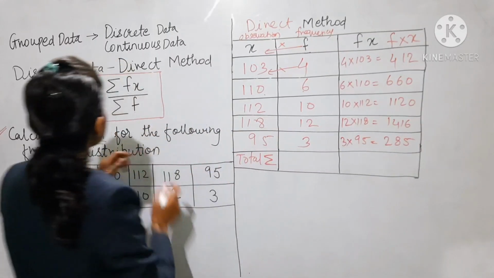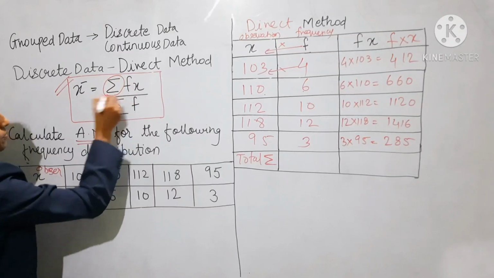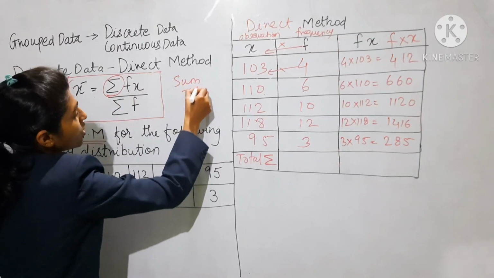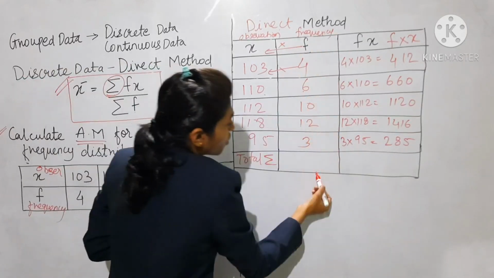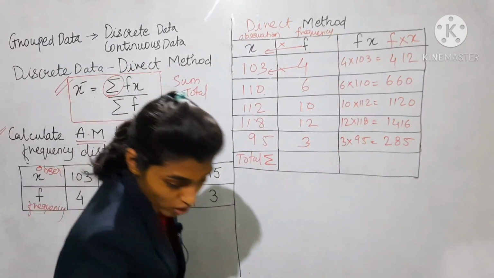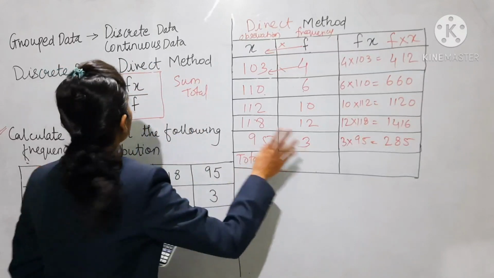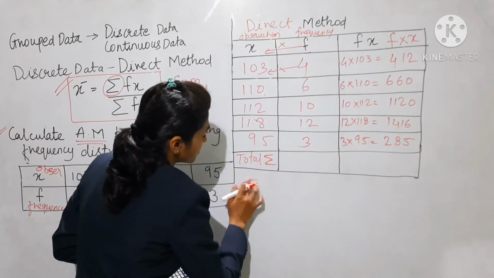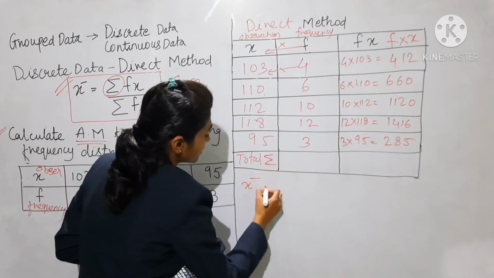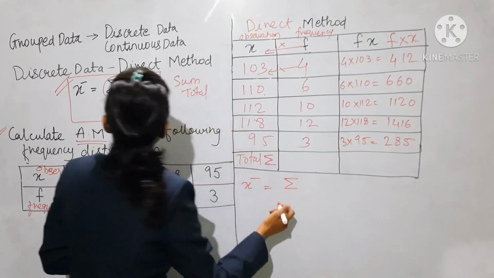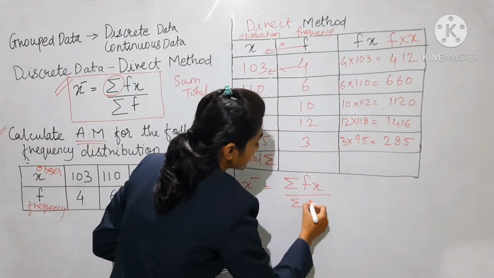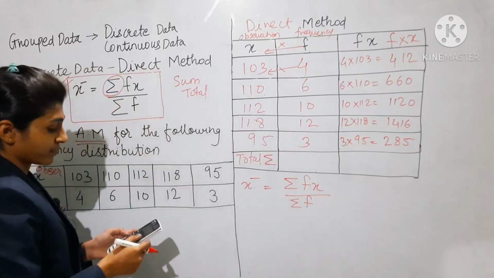Now this sign is sigma. Sigma means summation. That means total of the whole column. So now put the formula: x bar is equal to summation of fx divided by summation of f.